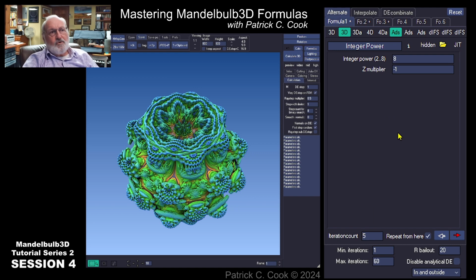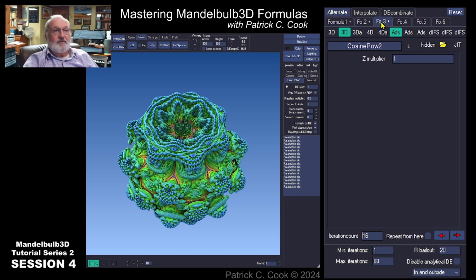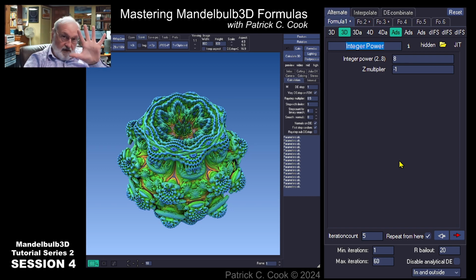This is an important concept, so hang in there. This iteration count pertains to the currently selected formula slot. Going back to formula slot number 1, this iteration count will instruct the Mandelbulb internal software to execute that formula, which is called integer power, 5 times.